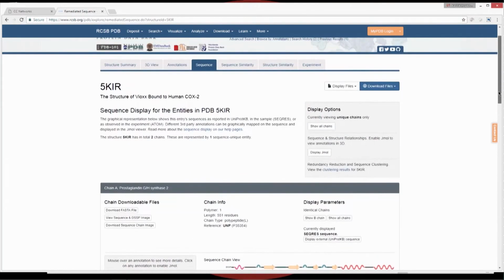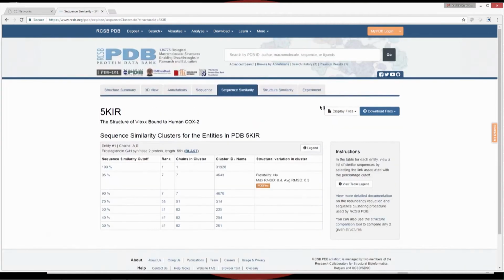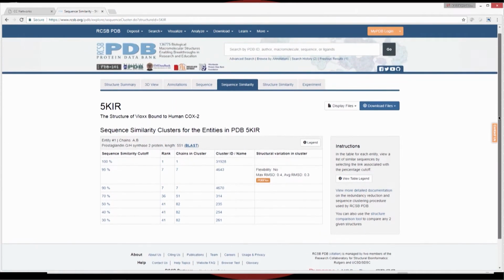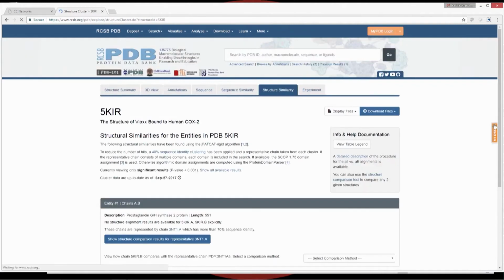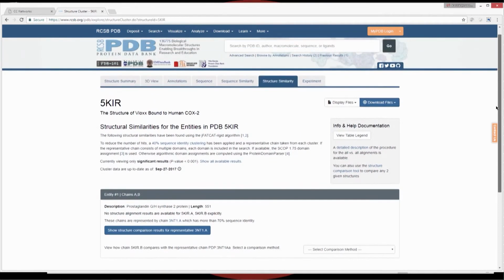We can also do a sequence similarity and structure similarity search. So we can look at the structural similarity for entries in PDB 5KIR.